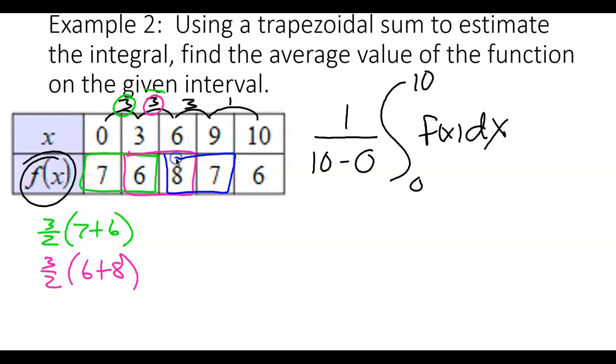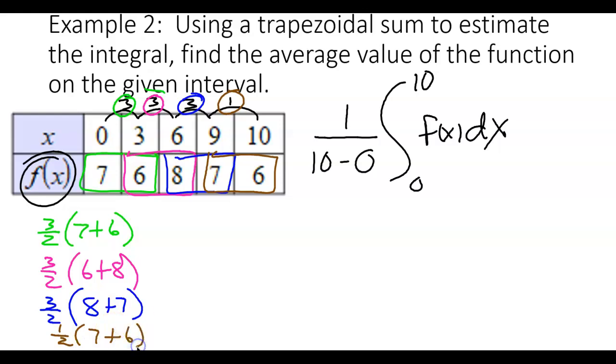Next one is these two bases with that height. And my last one will be these two bases with that height. And then we're going to go ahead and calculate all those.